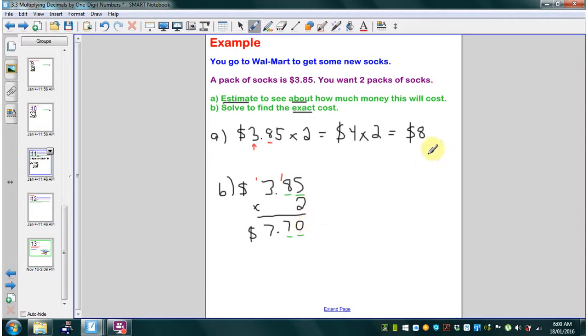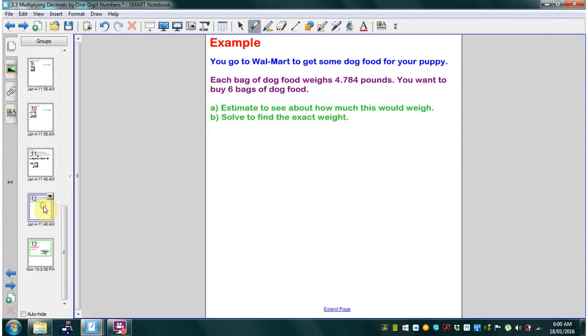And that's close to our estimate of 8. So we know that our answer is right. Okay, if you had any trouble with this, let me know. Now we're moving on to the last example. I want you to write this down in your book, and when you're done, we'll come back and do this together.